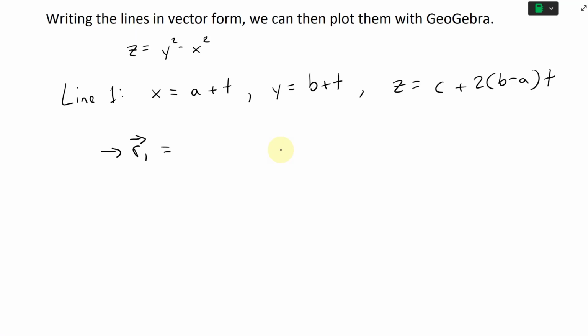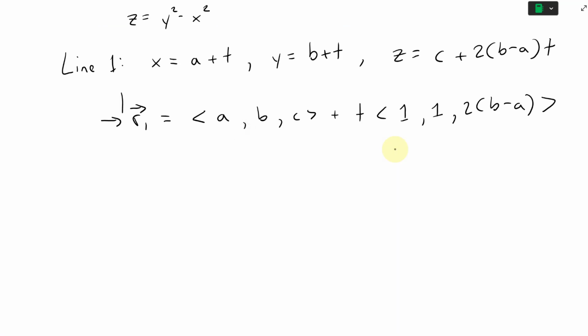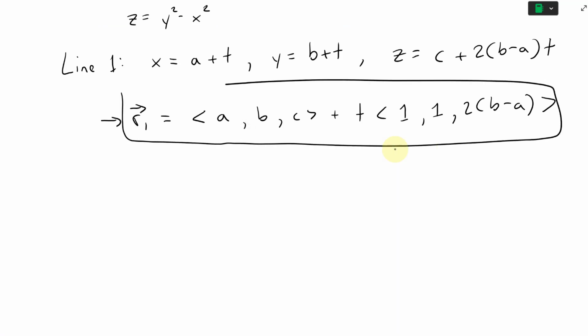This equals a point on it, so that's point a, b, c, and then we separate everything and take the t out. This is now 1, 1, and then the next one is 2b minus a. Let's just box that in.